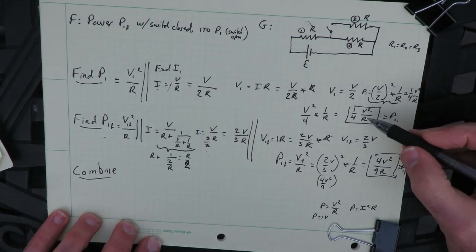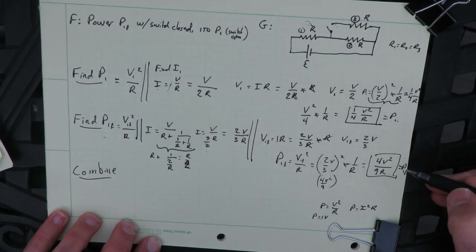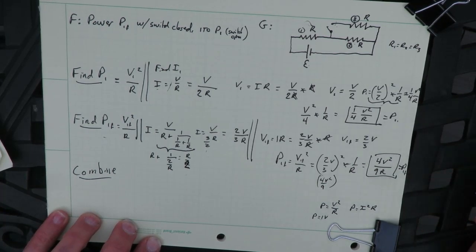So we know P1 initial is 1/4 V squared over R, and P1 final is 4/9 V squared over R.